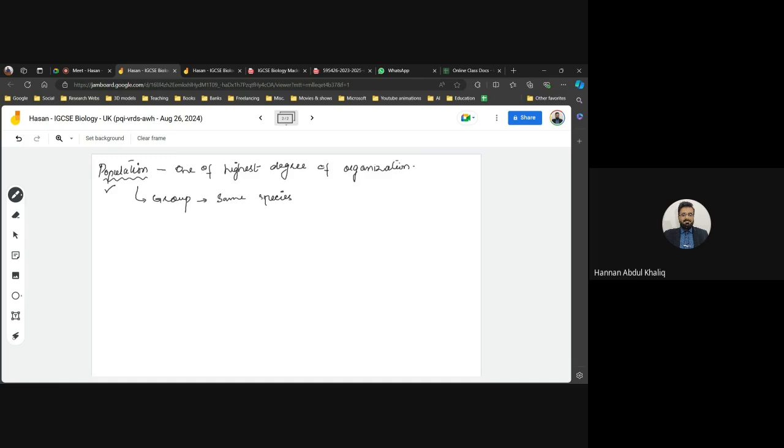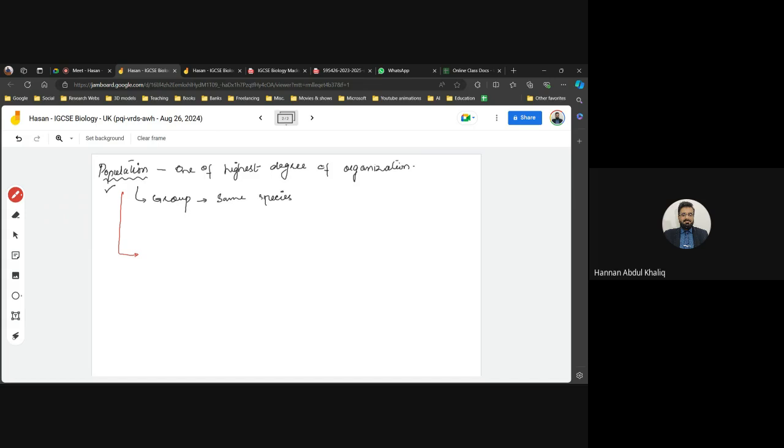But as I have already told you in the previous lessons, when the individuals combine belonging to different species, it would be a community. Now, when we try understanding organization levels, we try to understand the cells separately, then the tissues separately, then the organs, then the organ systems, then the individual.